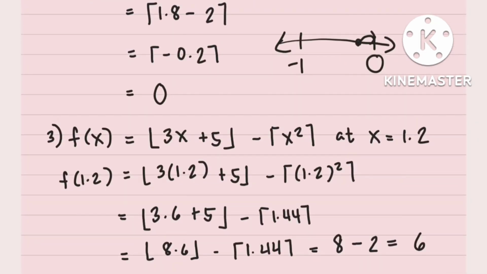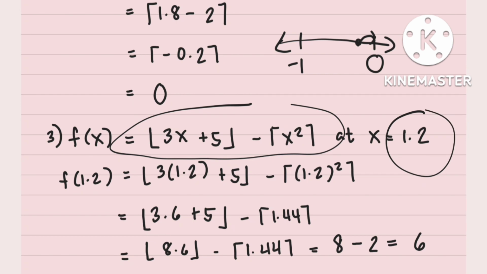Lastly, we want to evaluate this expression at x is equal to 1.2. So we'll replace all the x's with 1.2. 3 times 1.2 is 3.6. If you add 5 to it, you'll get 8.6.